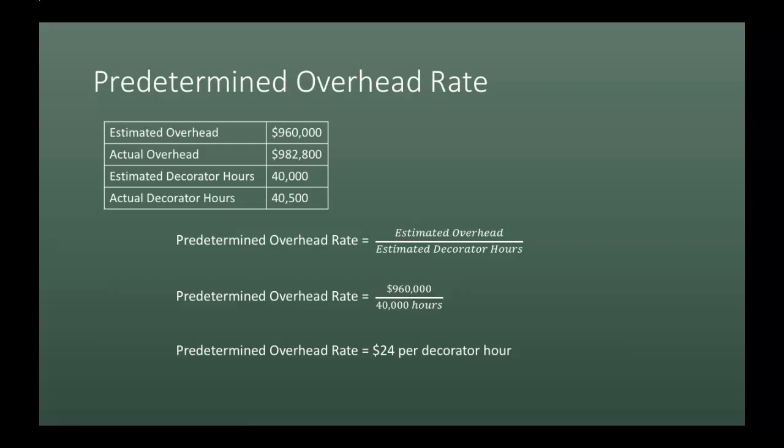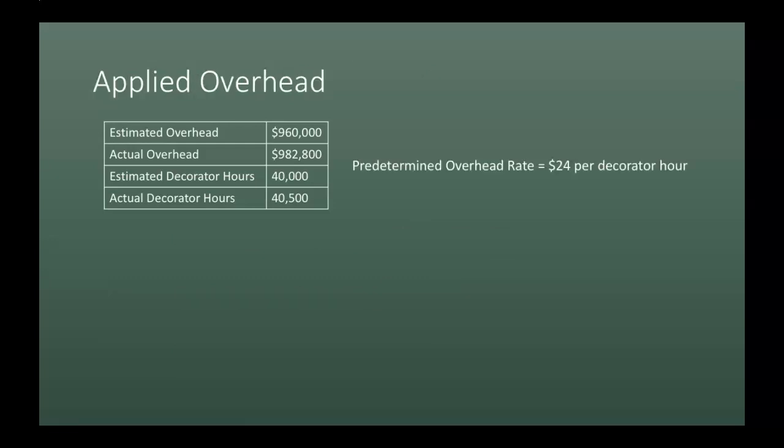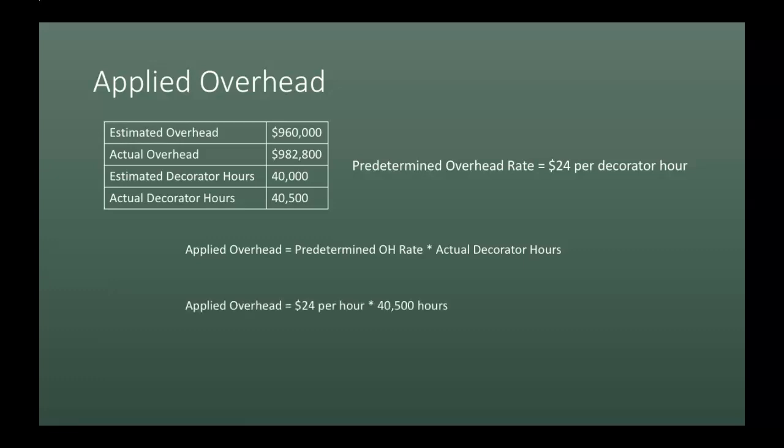Part B wants us to determine the applied overhead. Well, for the applied overhead, what we do is we take our predetermined overhead rate and we multiply that by our actual hours. So your applied overhead is saying, okay, if it really was $24 per decorator hour and you actually worked 40,500 hours, what should your overhead be? So we plug in our numbers here.